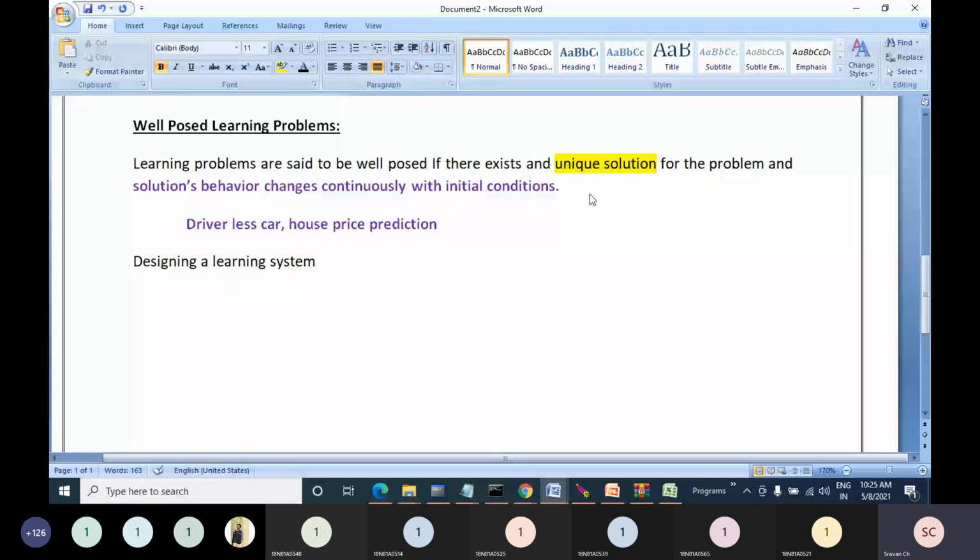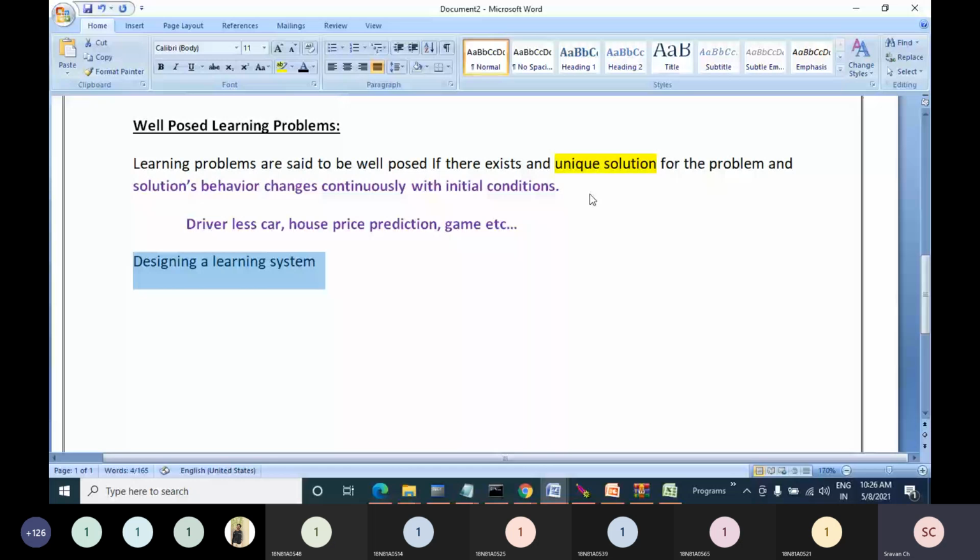If you extend it a little bit, it will become your project also. Some of the problems we will study under well posed learning problems are driverless car, house price prediction, and even robot behavior, or any other problem, any game, etc. A couple of examples of well posed problems we will discuss in our next class.